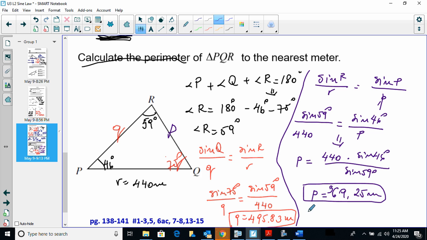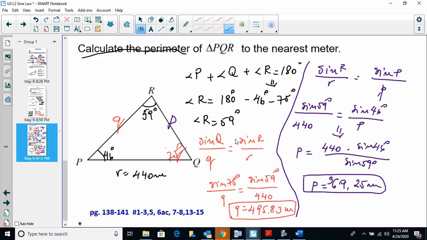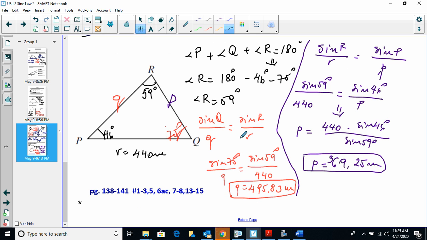And the perimeter of the triangle will be 440 plus 495.83 plus 369.25.